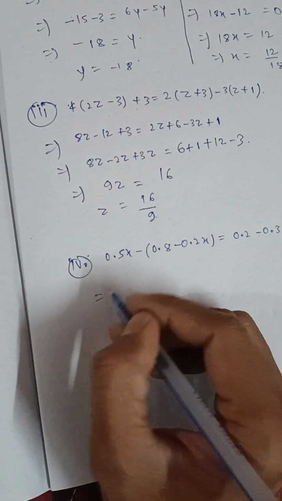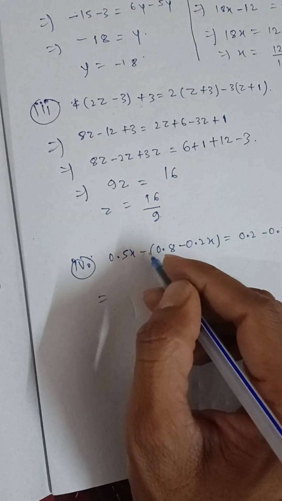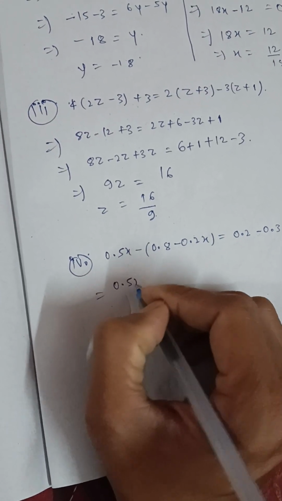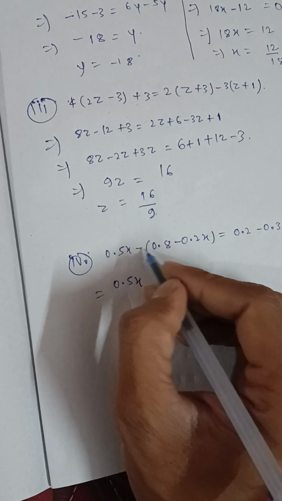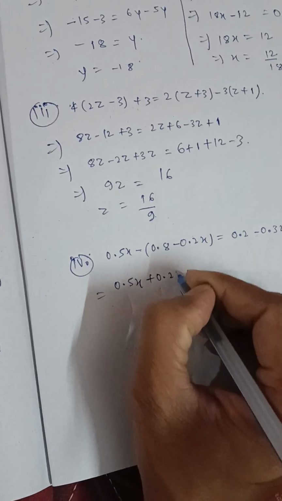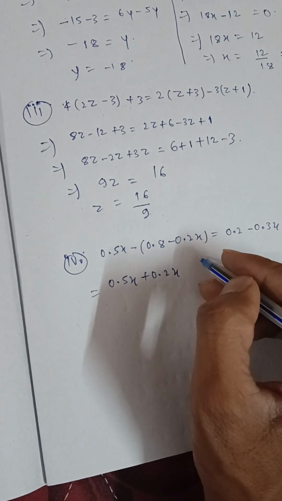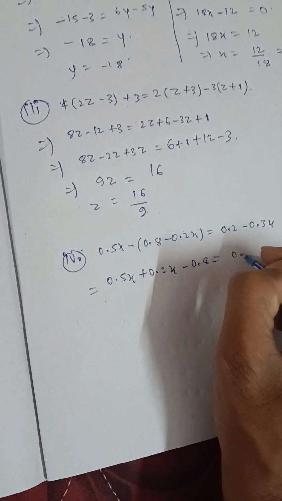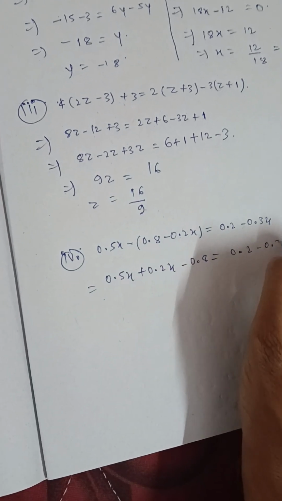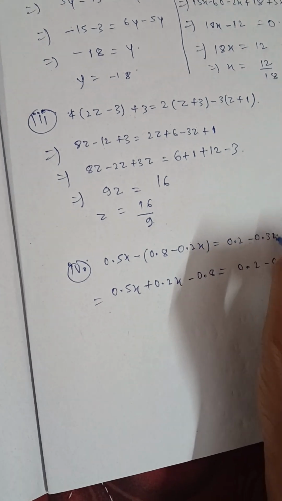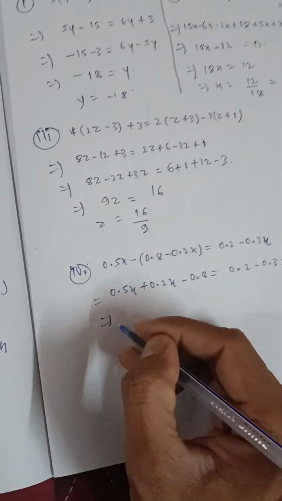So 0.5x minus 0.2x plus 0.3x equals 0.2 plus 0.8.